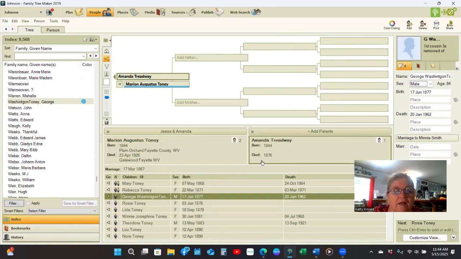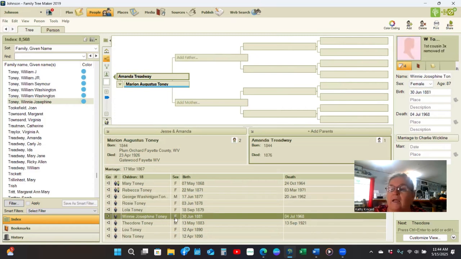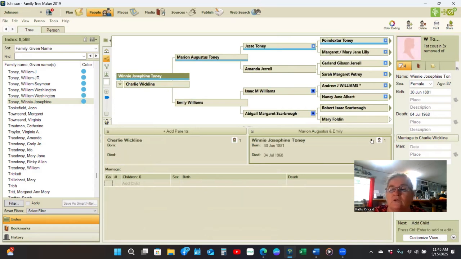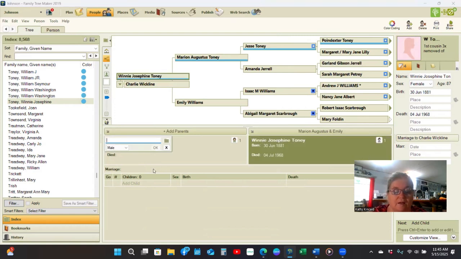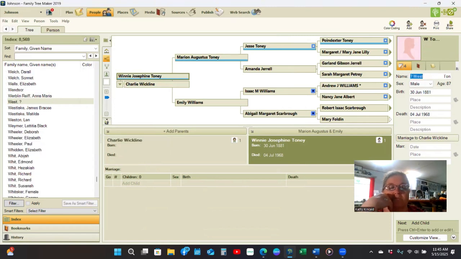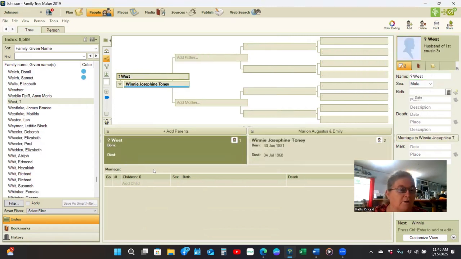That is correct. Then we have Josephine, 1881 to 1868. And she married, put her up here so I can put her in. She has two husbands. The other one was West, because that's what's on her marker.